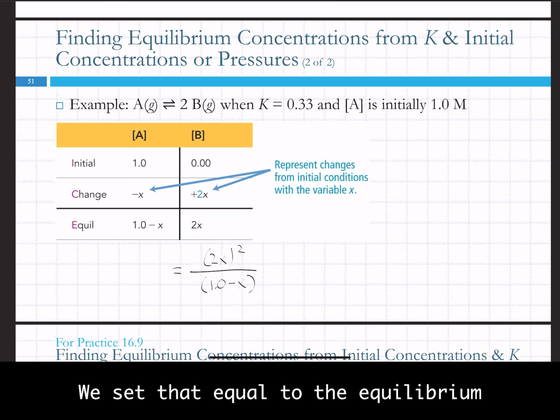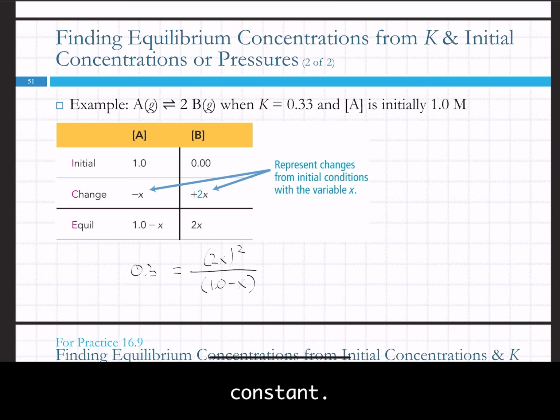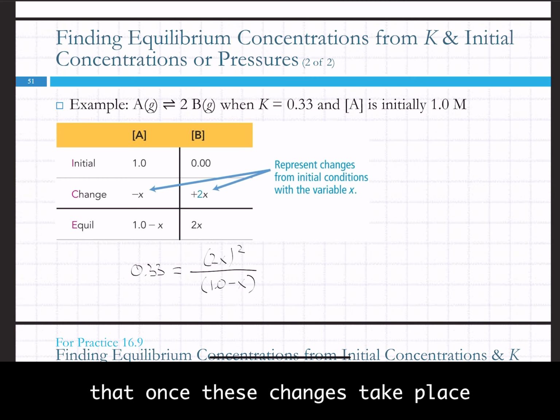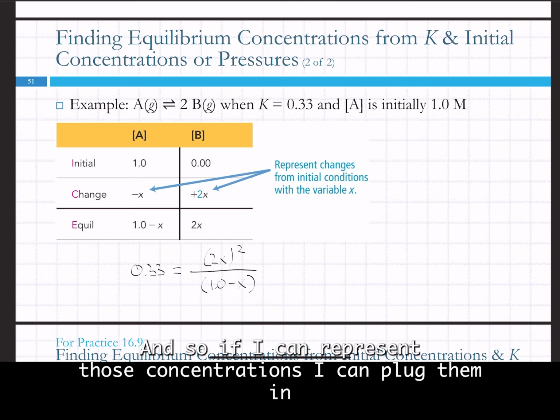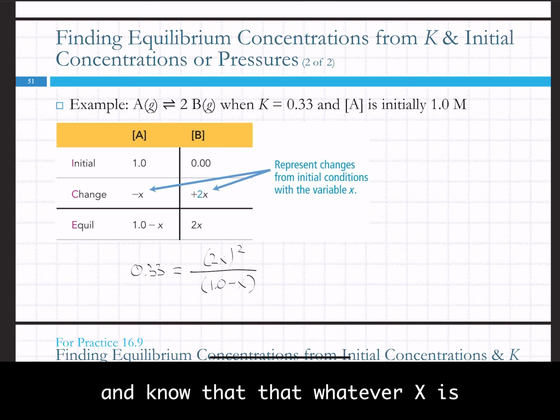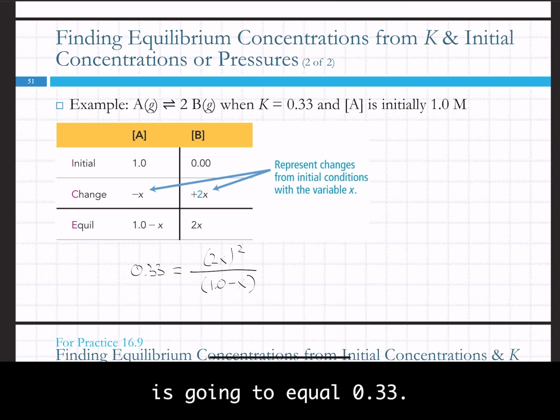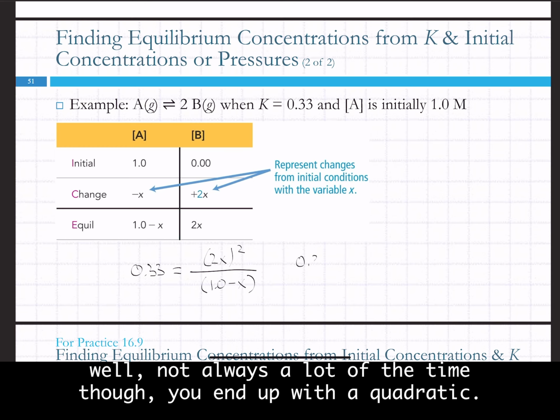And we set that equal to the equilibrium constant. Because we know that once these changes take place, these represent the concentrations. And so if I can represent those concentrations, I can plug them in and solve for x.